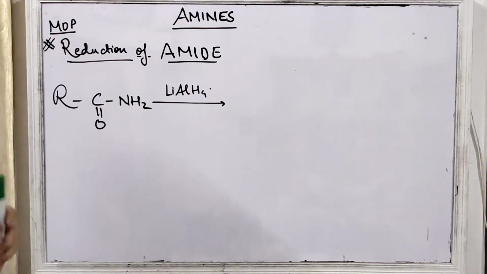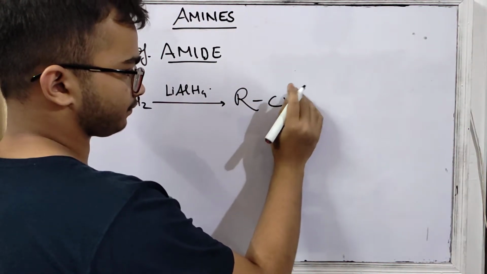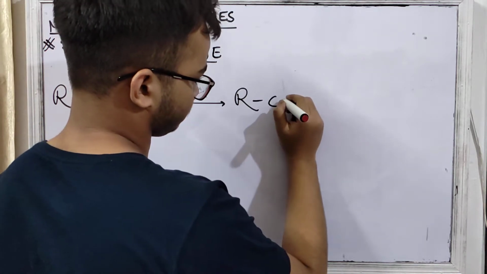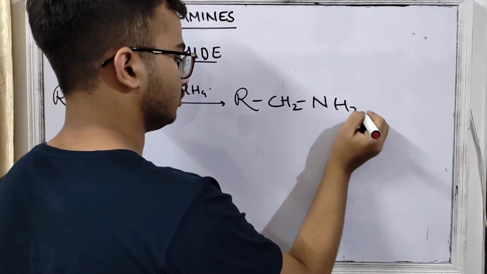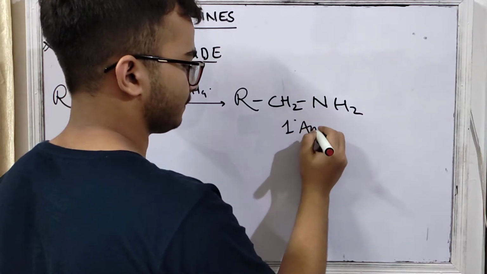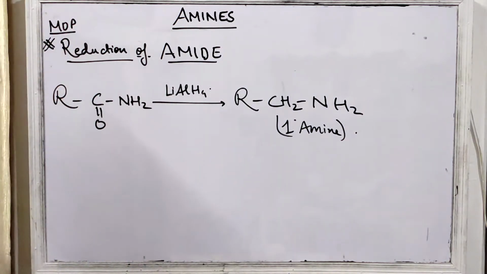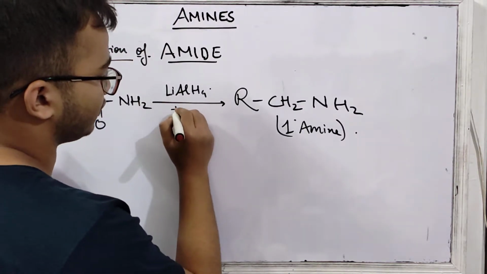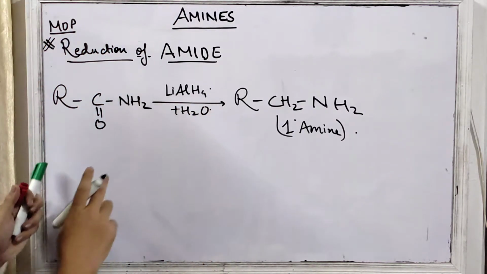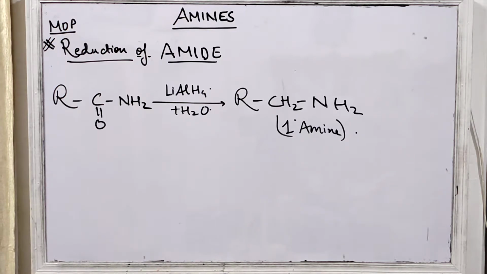So as a result you get your 1 degree amine, RCH2NH2, which is primary amine. Clear? So this was the reduction of amide. So this is LiAlH4 and then water H2O. Okay, so this was the reduction of amide.